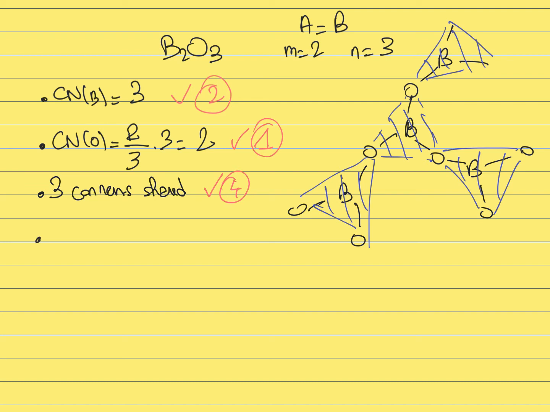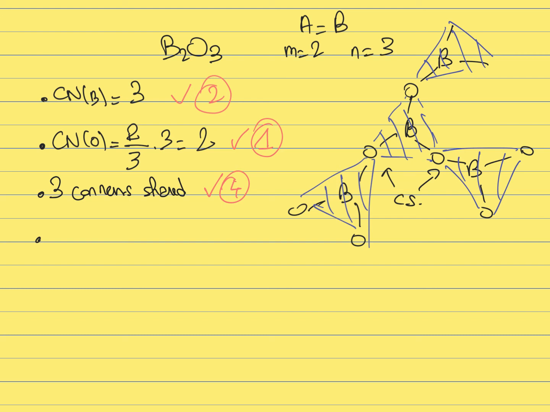Again, here the question is, can you draw the structure in such a way that those polyhedra only share corners, never share edges or never share faces? In that case, indeed, you can draw the structure by only having corner sharing units.